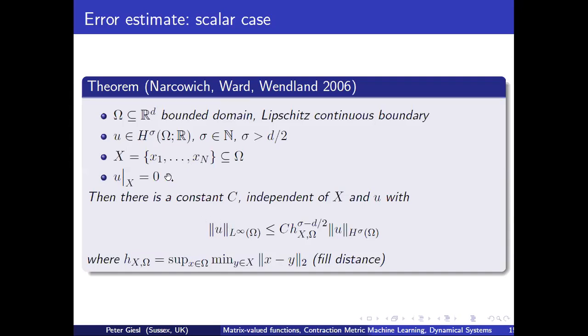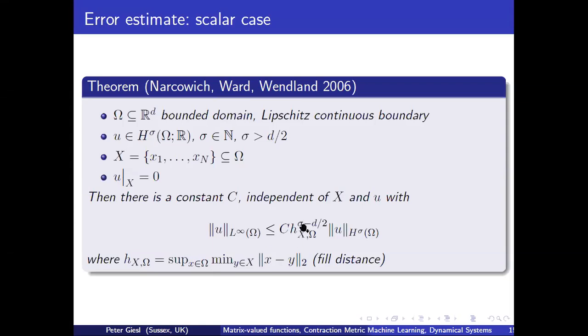And if we know that, then there's a constant such that we can estimate the L infinity norm of u by a constant times the H sigma norm of u times this quantity. The quantity h is the fill distance of the points x in omega. It basically measures how densely these points are distributed in omega, and the more points we have in omega, the smaller this h here.